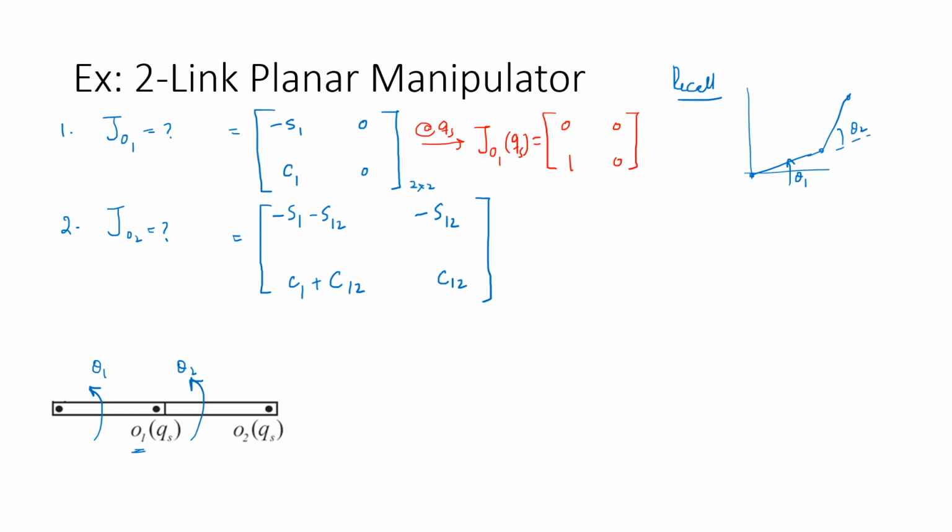And similarly, for the Jacobian O2 at QS, you are going to have JO2 at QS simply structured like this: minus sine of 0, minus sine of 0 plus 0, obviously 0, and then you have minus sine of 0 plus 0, which is also going to be 0, and then you have cos of 0 plus cos of 0 plus 0, which is equal to 1 plus 1, which is equal to 2, and then you have cos of 0 plus 0, which is equal to 1 as well.